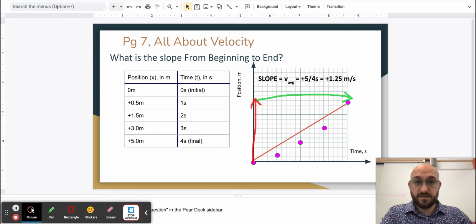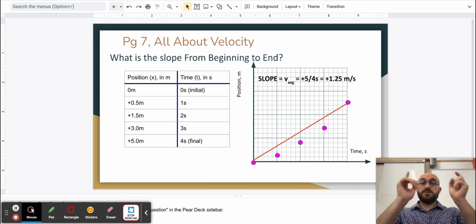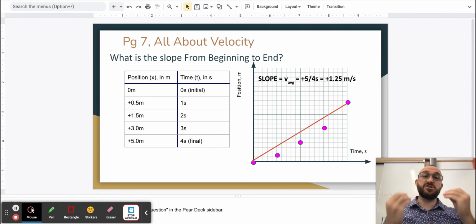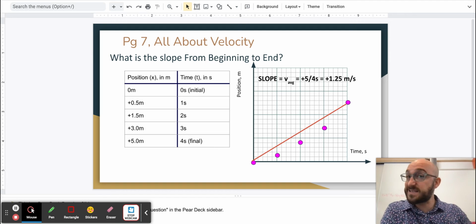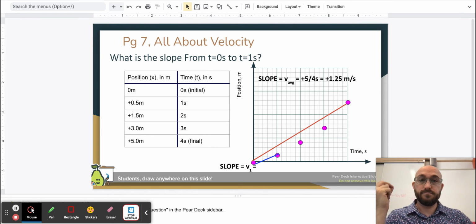In this case, that gives me going up 5 meters and over 4 seconds. So in this case, 5 meters, 4 seconds gives me a slope, an average velocity of positive 1.25 meters per second. The slope from beginning to end is the average velocity.